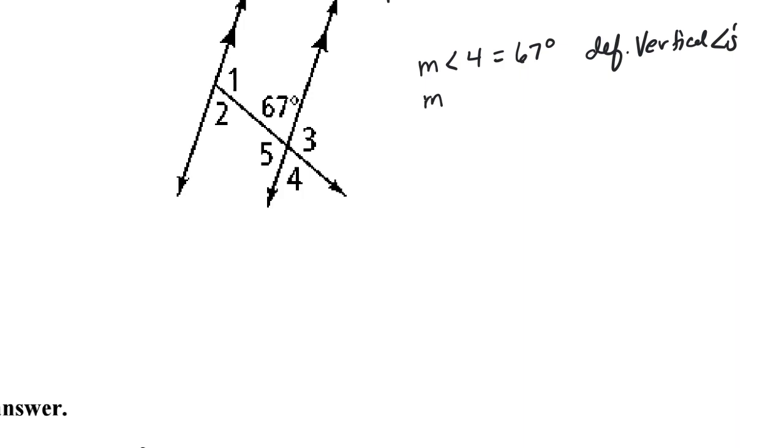We know that the measurement of angle 3 is equal to 113. Why? Because this angle here and this angle 3 form a linear pair. So we're going to write definition of linear pair.